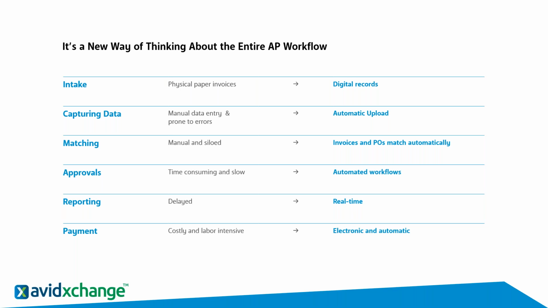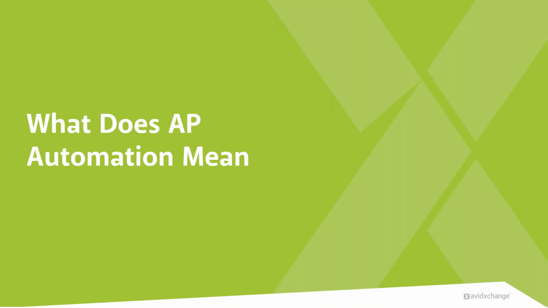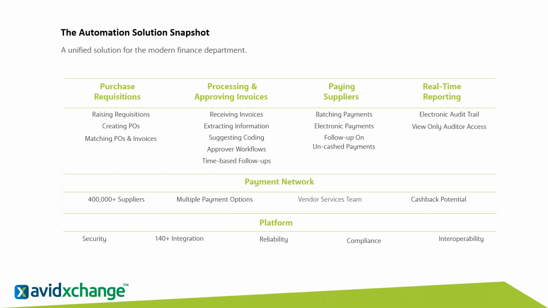I hope this is all sounding very good to everybody, but we've got even more when you automate. So what does automation mean? It really means eliminating the entire manual process.